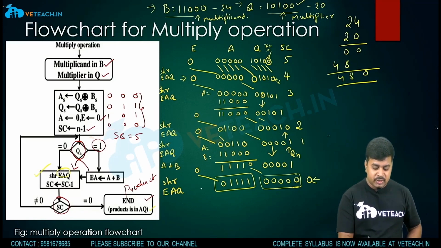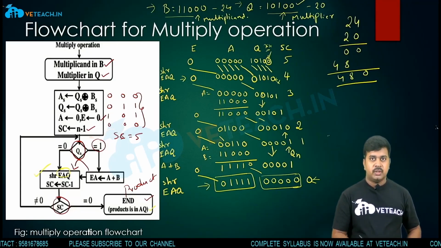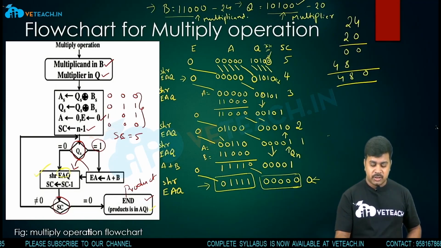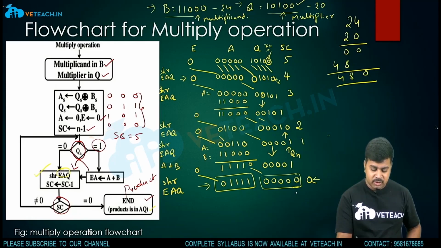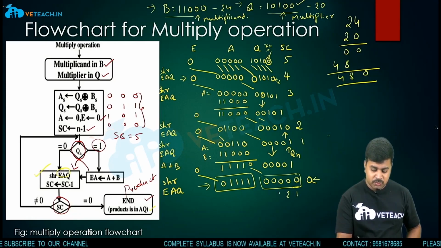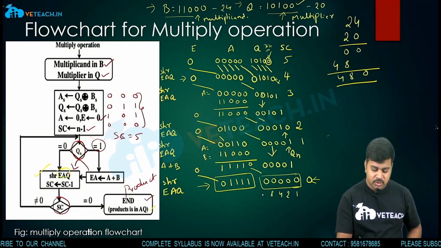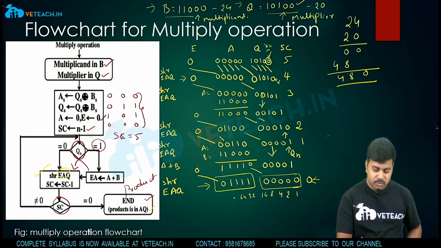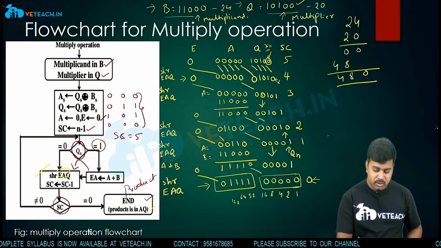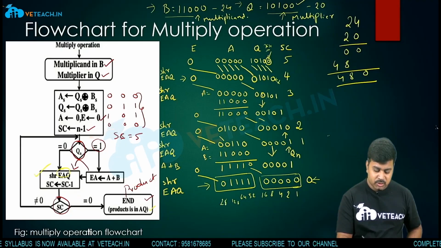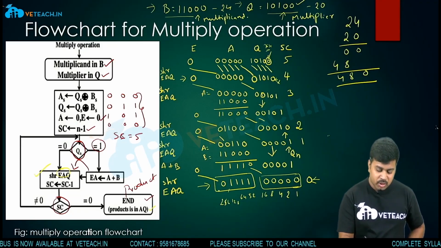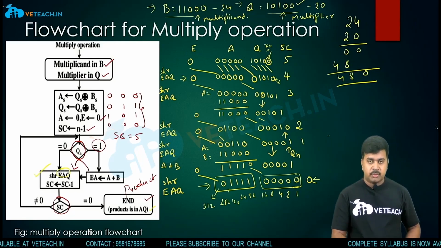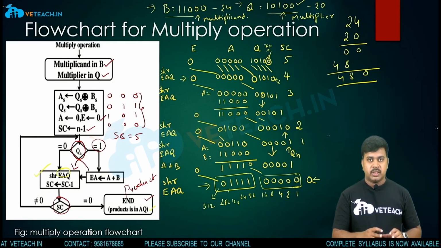If you want to check whether this particular value is correct or not, you can check here. If you want to find out the weights, it will be written like this: 1 2 4 8 16 32 64 128 and 256, and 512. Okay, we are not going to consider the weight where there is 0, but we have to consider it whenever there is 1.